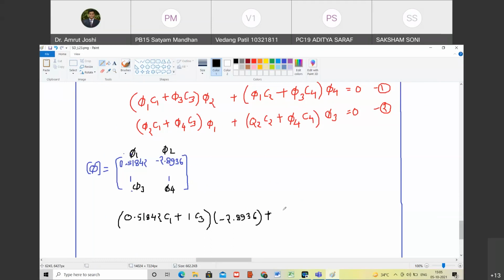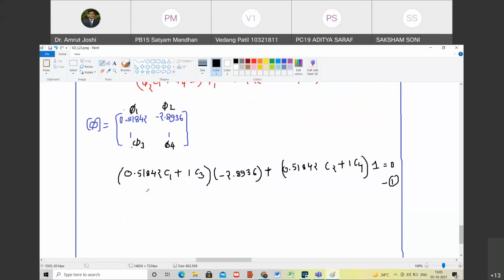Plus phi 1 C2, 0.5182 C2, plus phi 3 C3, and 1 C4, phi 4 is 1. This is equal to 0. This is the first equation. Agreed? Yes, sir. Let us simplify this further.